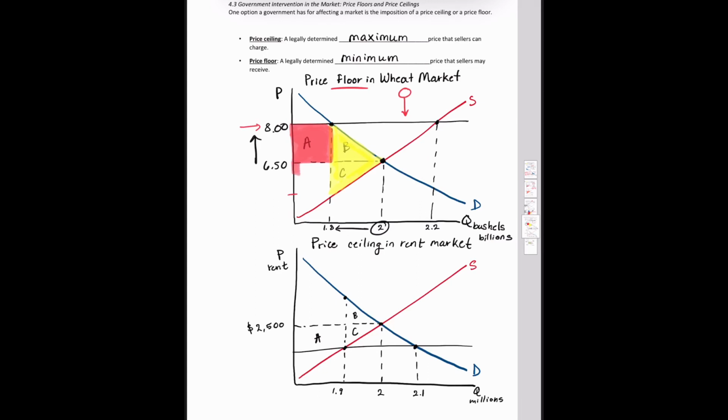Also, this area down here is going to be producer surplus as well. And this area up here is going to be the consumer surplus. And this right here is going to be our price floor.